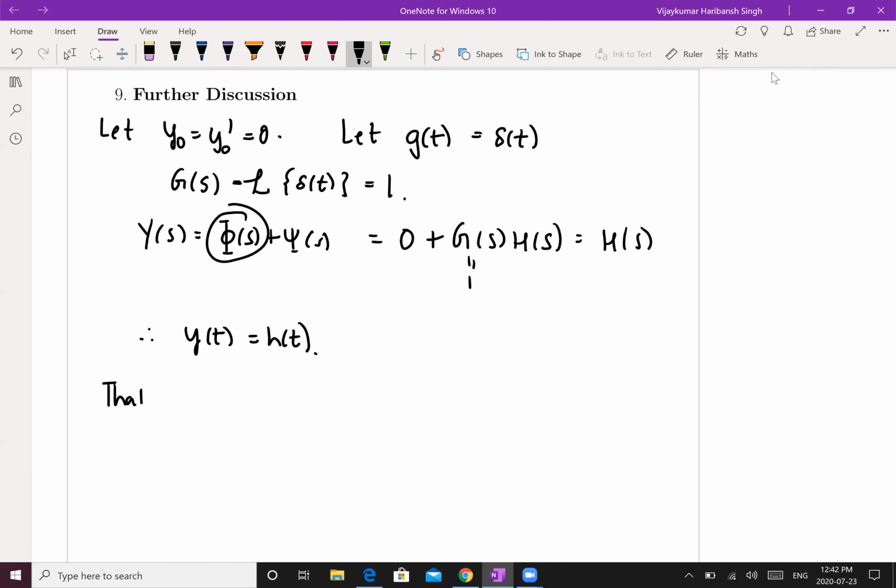That is, h of t is a solution to the IVP subjected to unit impulse force.